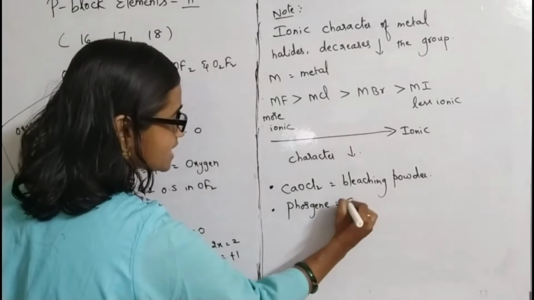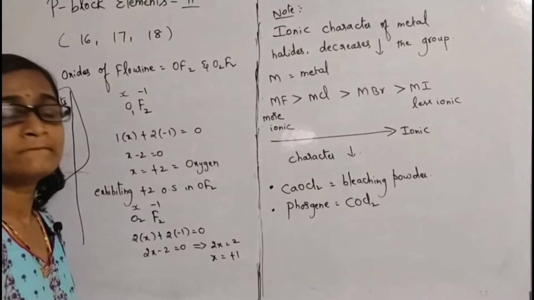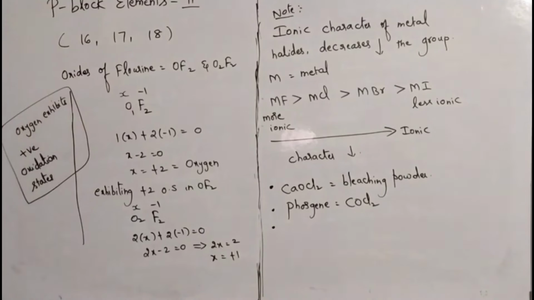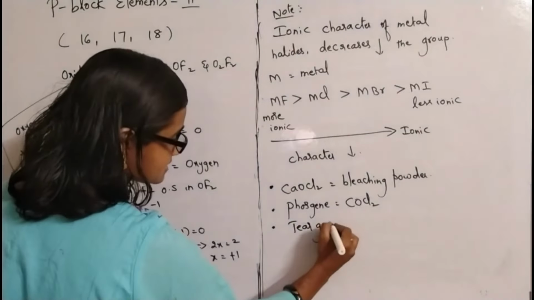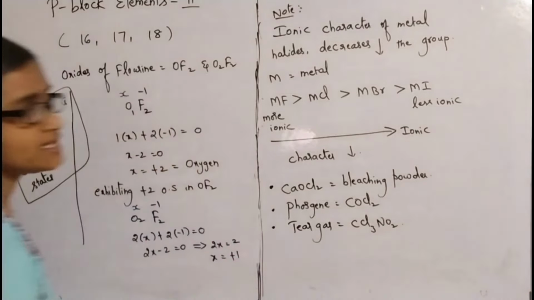Phosgene is COCl2. There are other poisonous gases as well, such as tear gas, CCl3NO2. CCl3NO2 is called tear gas.